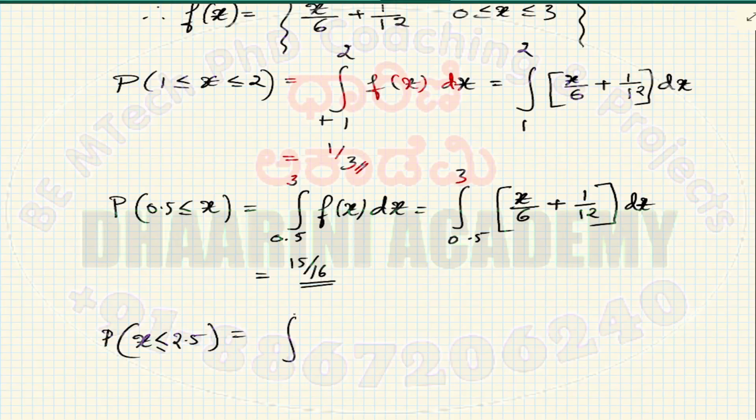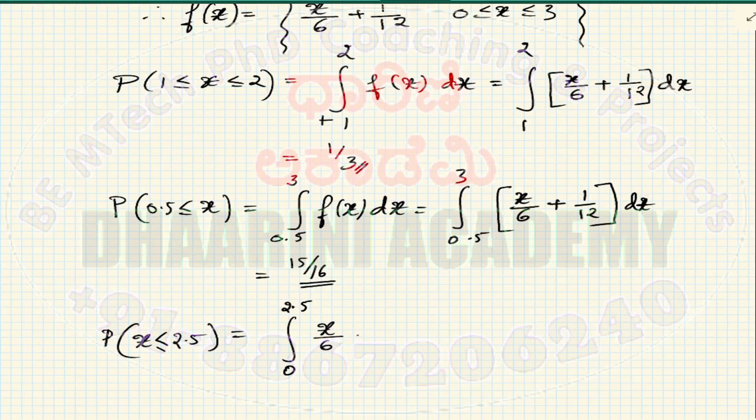So the upper limit is 2.5. What is the bottom limit? Correct, 0.